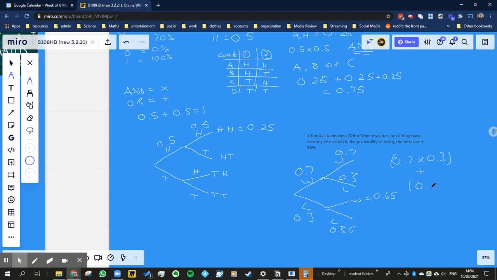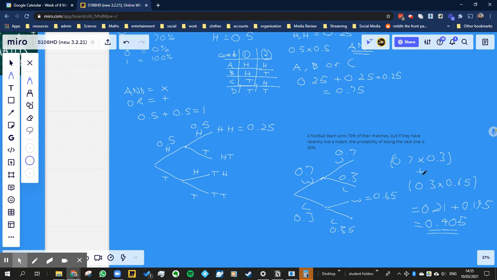So 0.3 times 0.65 this time. Let's tap that into our calculator, and there you go. The chance of them winning just one match ends up being 0.405.